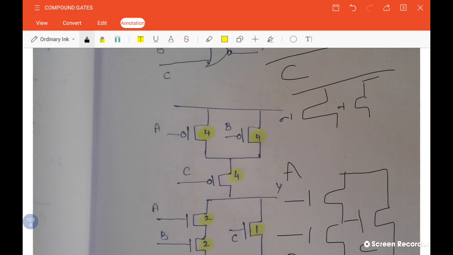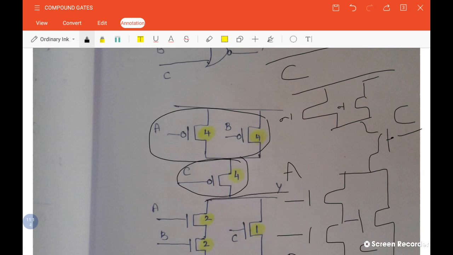Here you can see in the diagram the A and B PMOSes connected in parallel. In the pull down network, C was parallel to A and B. But now in the pull up network, you have to connect the C PMOS in series with the pull up network. Finally, you can notice here that C is connected in series to the pull up network, and at the junction we take the wire for the Y output.